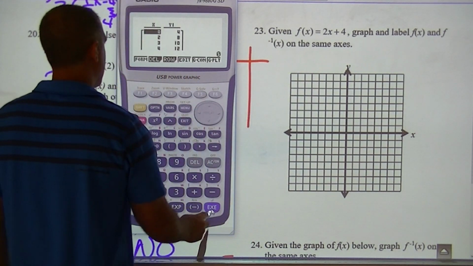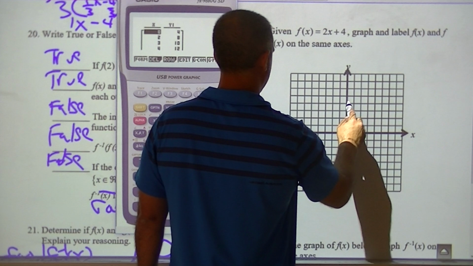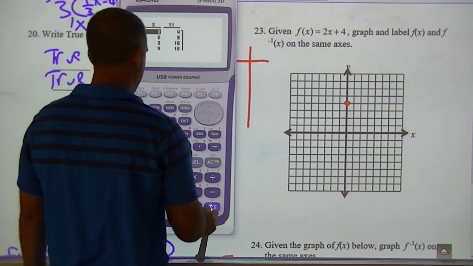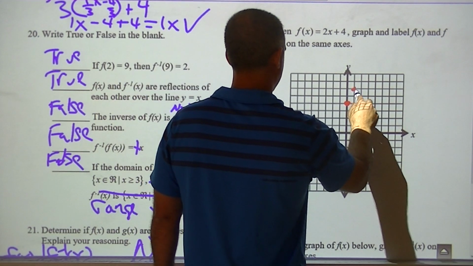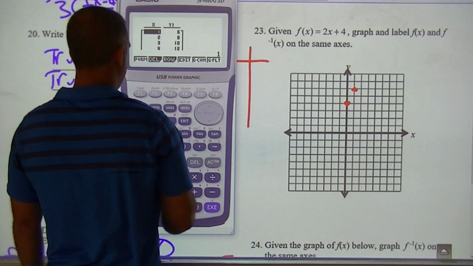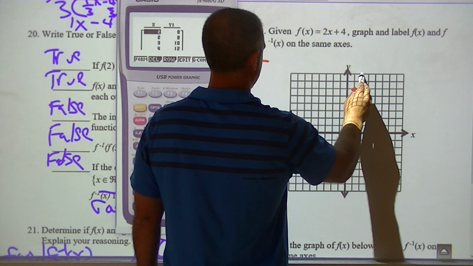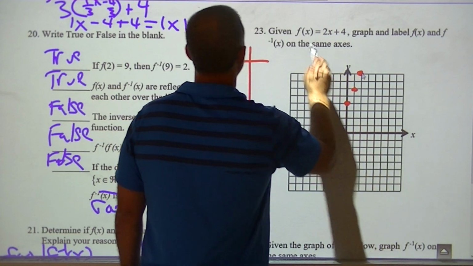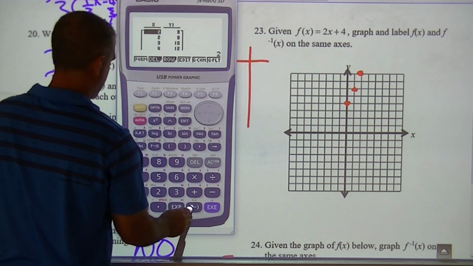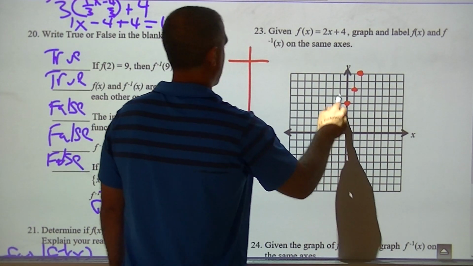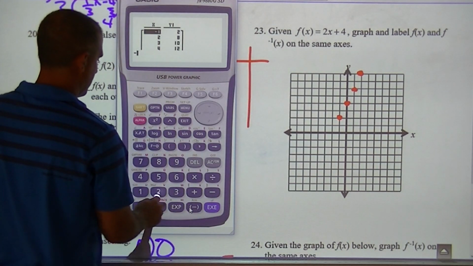You want to use 0, 4, 1, 6, then 2, 8, negative 1, 2, and negative 2, I think it's 0.